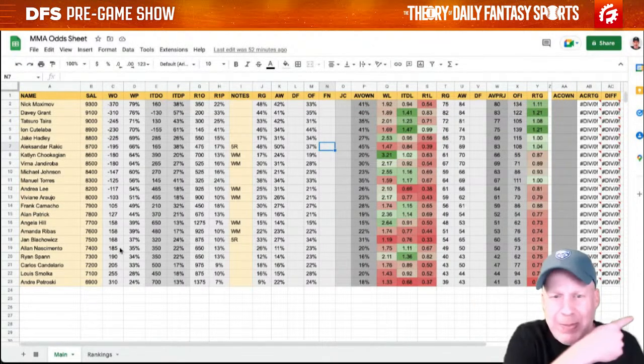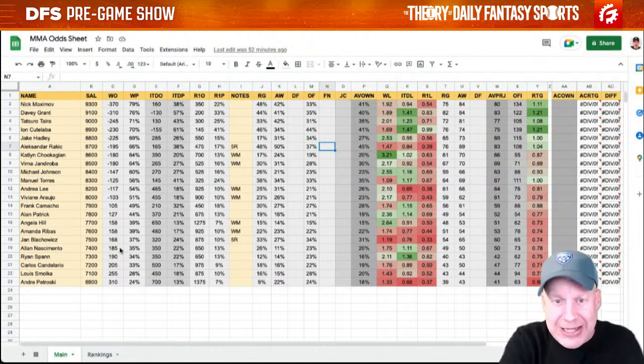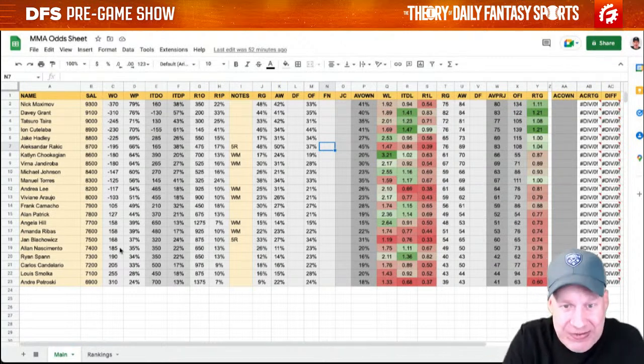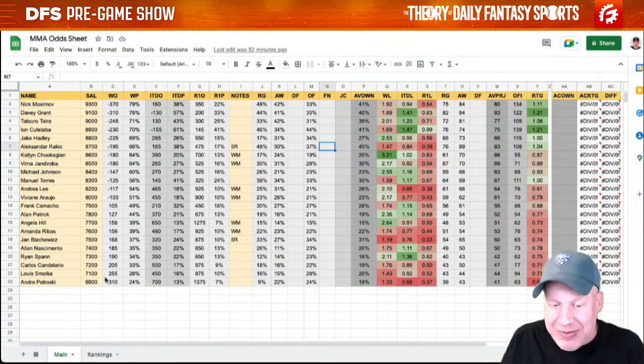On the 15 fight pay-per-view card last week, yeah, I would say that would be nuts, right? That the 6 highest priced, the 6 highest scoring fighters would be the 6 biggest underdogs on a 15 fight card. Now you only have 11 fights, and no one is that dramatically favored.